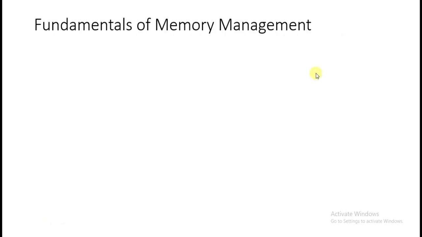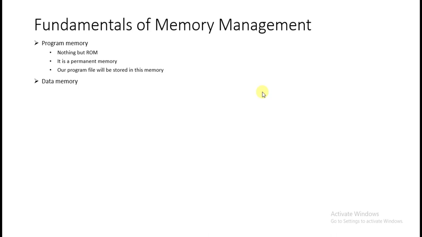Now let us see a few fundamentals of memory management. Basically we have two types of memory. One is program memory, which is nothing but ROM, read-only memory, and it is a permanent memory. Our program file, whatever the code file that we are writing like main.c and executable files will be stored in program memory.